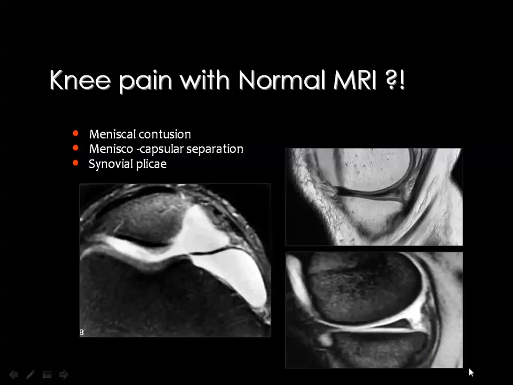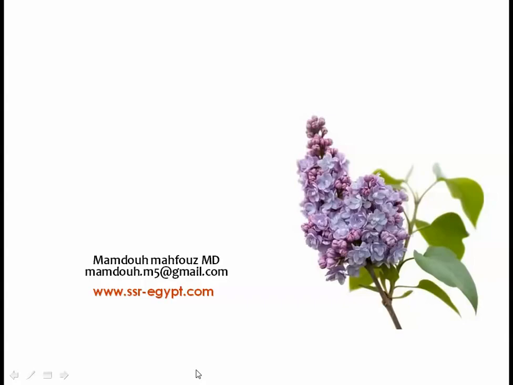And sometimes some clinicians may attribute pain to the presence of a plica. Then, if you want to finish your report about the knee joint, you can have a look for the presence of patellar plica, suprapatellar plica, or medial plica. Then you may mention it in the report.